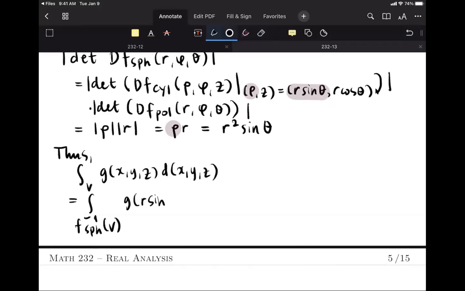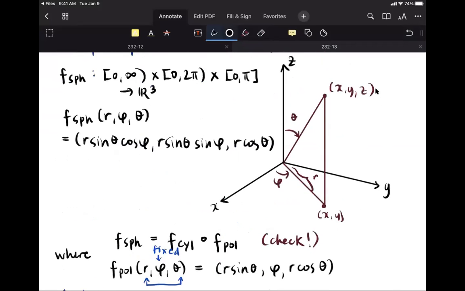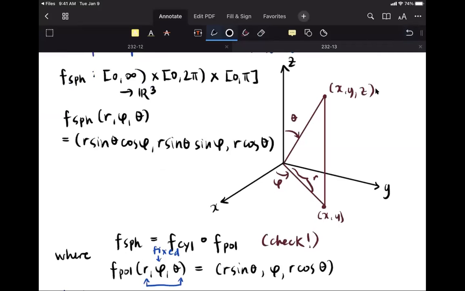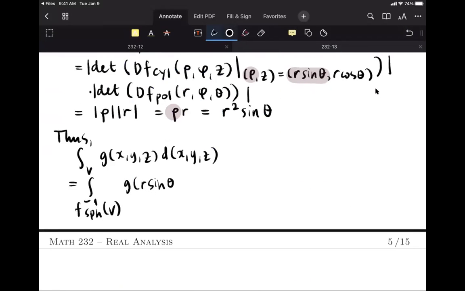Here we apply this function times the Jacobi determinant, which is r squared sine theta, dr d phi d theta. And this is your familiar change of coordinates when you apply the spherical transformation.